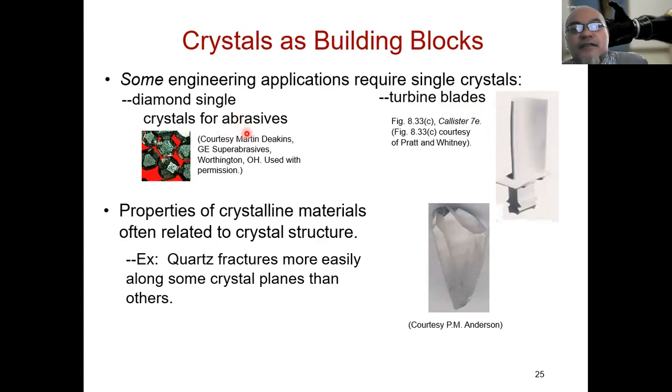So single crystal diamond is usually used for abrasives. And in material science, the properties of crystalline materials are often related to the crystal structure. Yeah, so this is different from the perspective of chemistry.